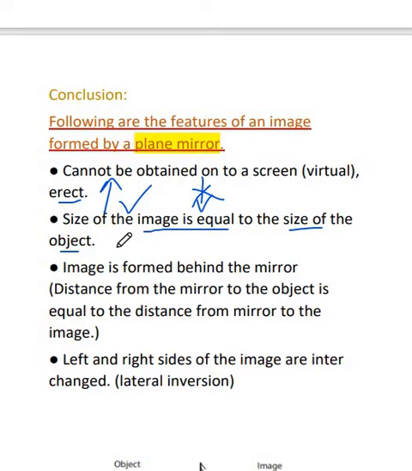Also, the distance between the mirror and the object and the distance between the mirror and the image will be equal. There will be the same distance between the mirror and the object and between the mirror and the image.